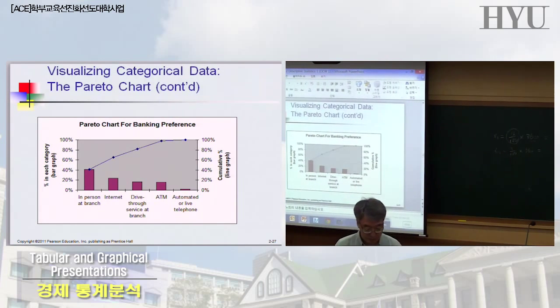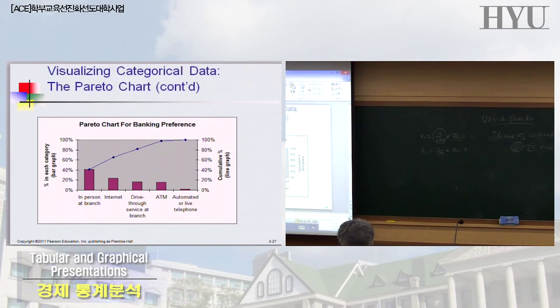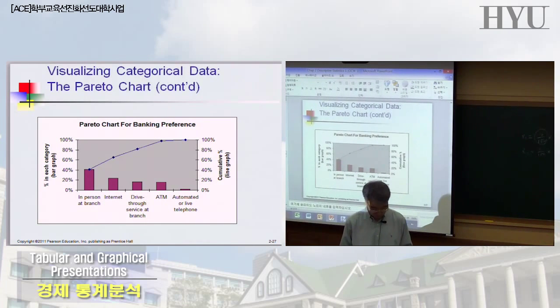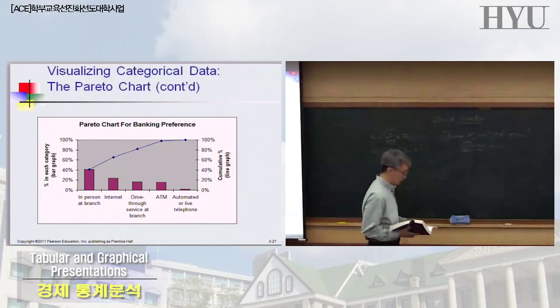Excel guide at the end of chapter 2. Oh, is this the one? Chapter 2 Excel guide, so page 122. If you open page 122 in the 7th edition, or page 96 in the 6th edition, there is an Excel guide.